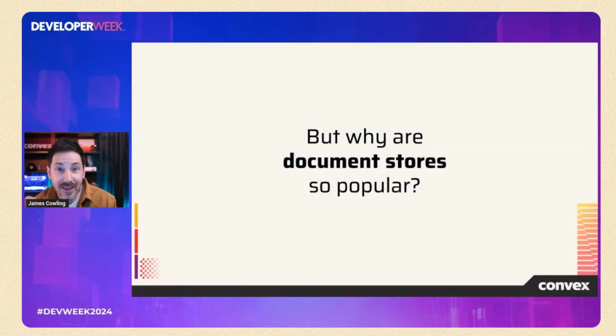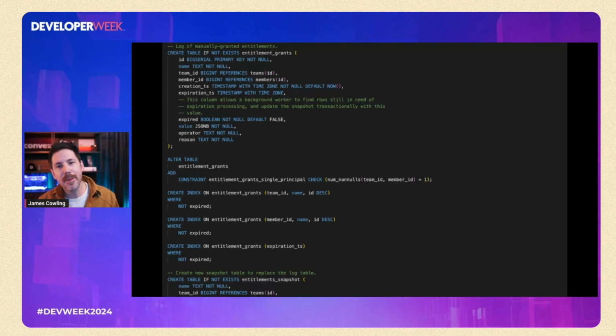But you might ask that if type safety is so important, why are document stores like MongoDB and Firebase so popular? Well, they're popular because they're convenient. They're popular because they don't force you to write a schema definition for a program you haven't even written yet and haven't even decided how to model, right?